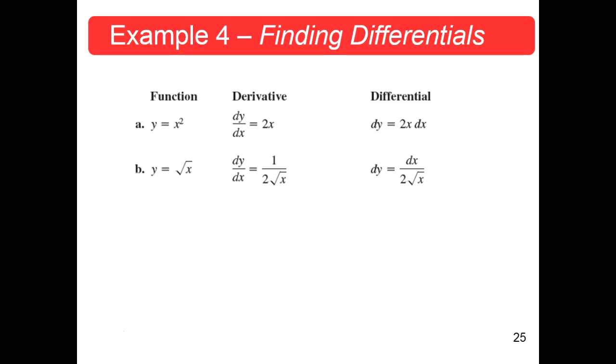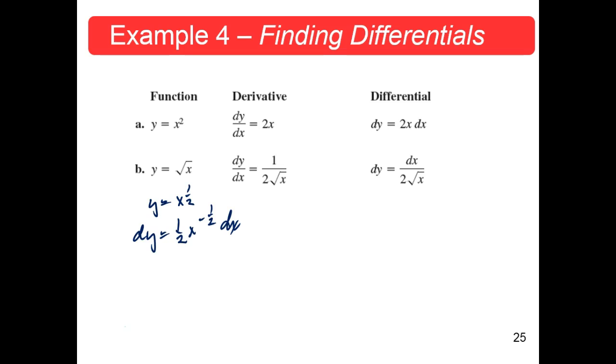Let me write it down for you, because this one, they leave out too many steps. y is equal to x to the 1/2. You do dy is equal to 1/2 x to the minus 1/2 dx. It's like a chain rule thing. You take the derivative of this and then the dx.